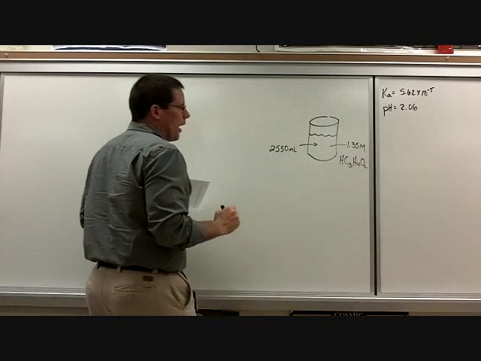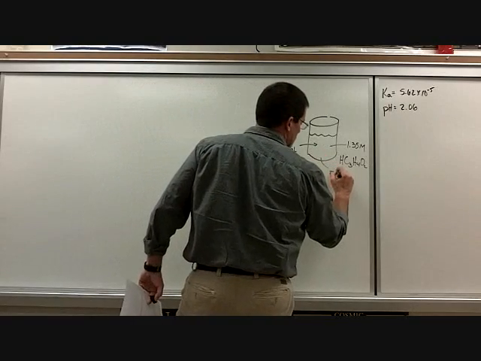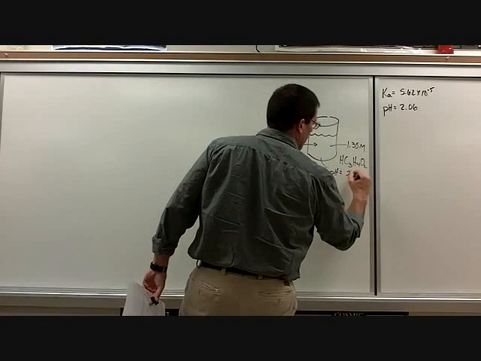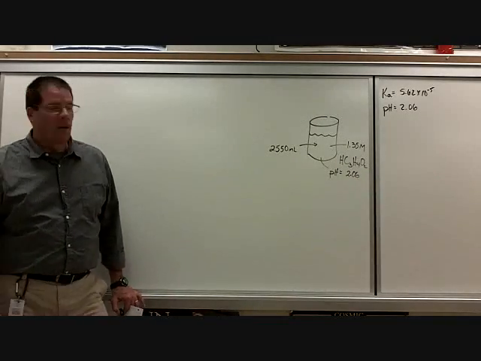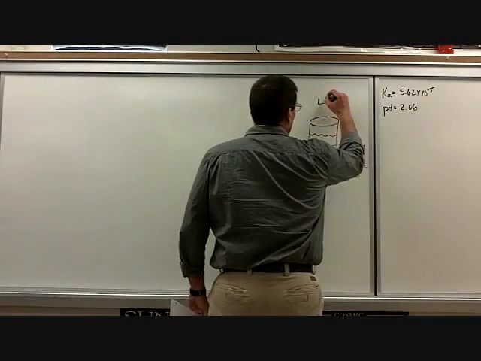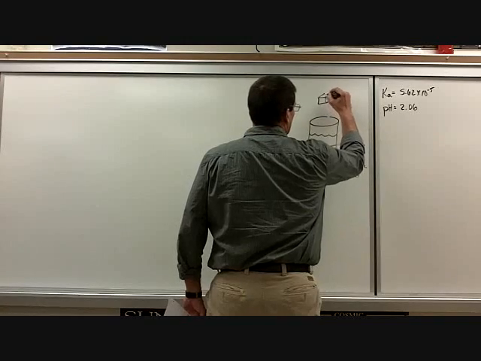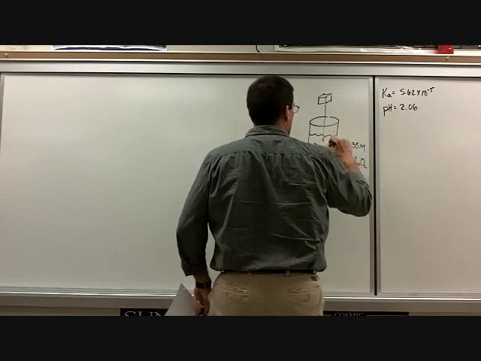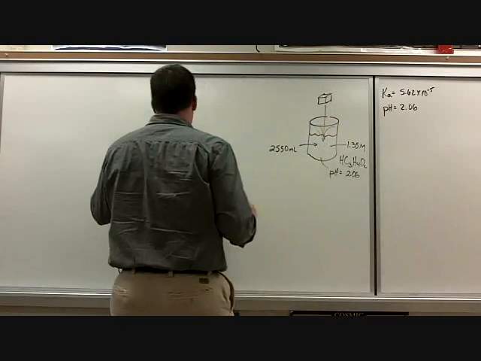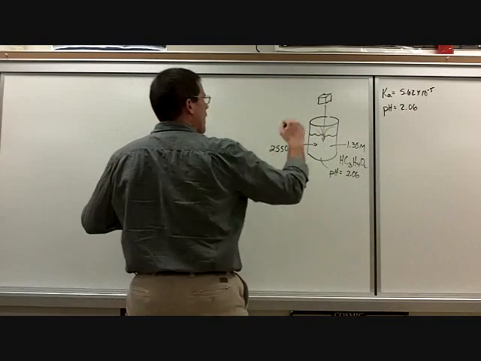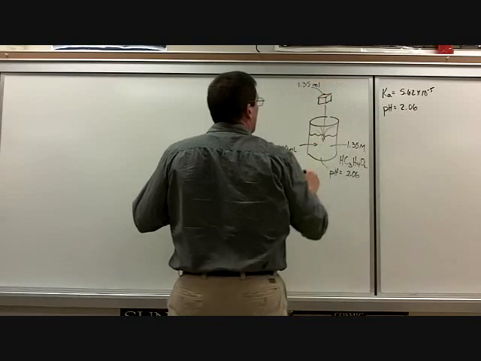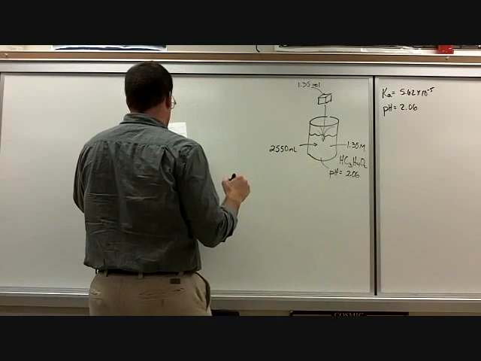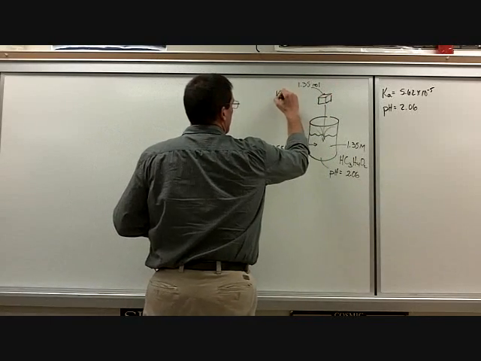Okay, and it's at equilibrium, which means it has a pH of 2.06. So those are our conditions at the moment. Now what we're going to do is we're going to drop a salt into there. Okay. Splash. Okay. And it says that we have 1.35 moles of this, and this salt actually is potassium acrylate.